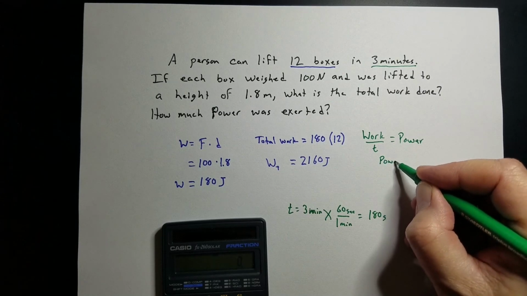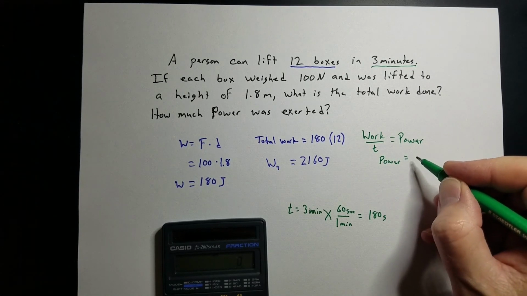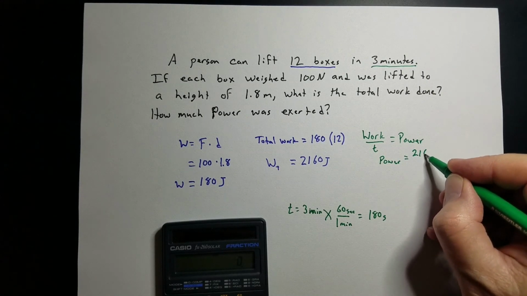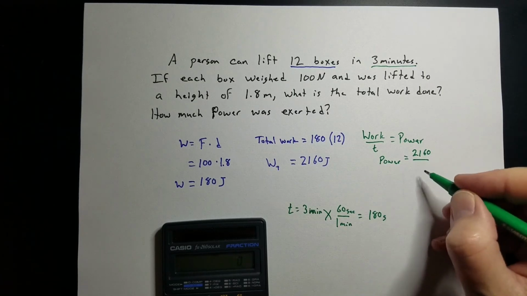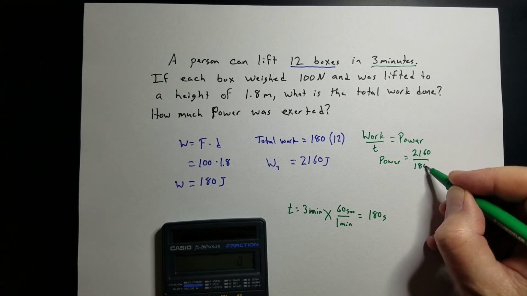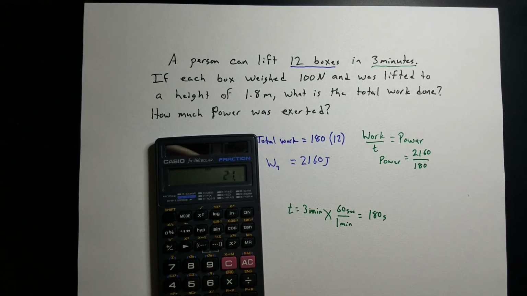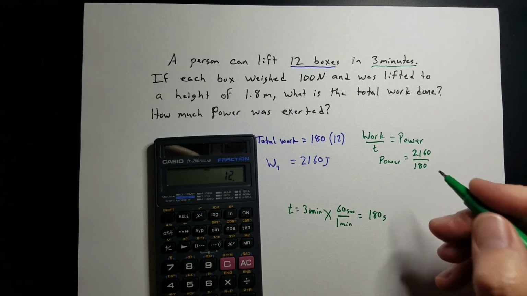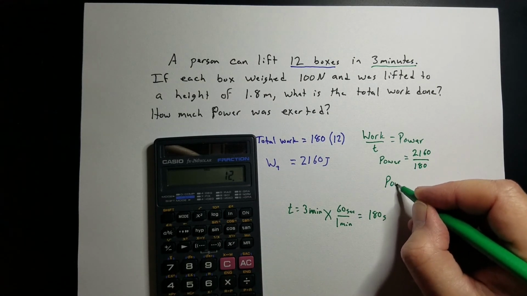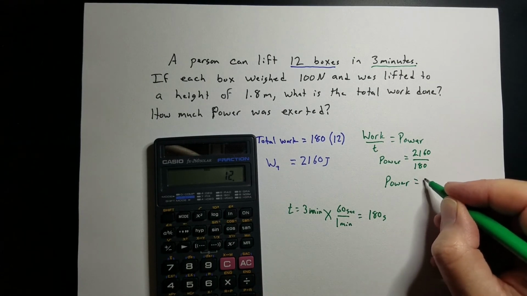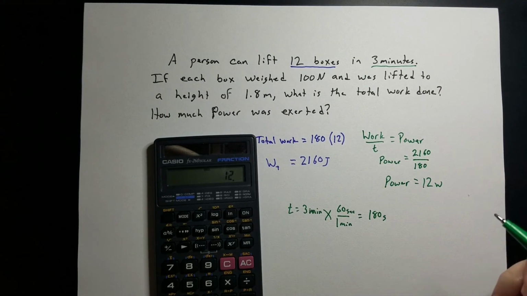So power is work, which is 2,160, divided by time, which now we've converted into seconds. So we can take that, divide, and we get a power of 12 watts.